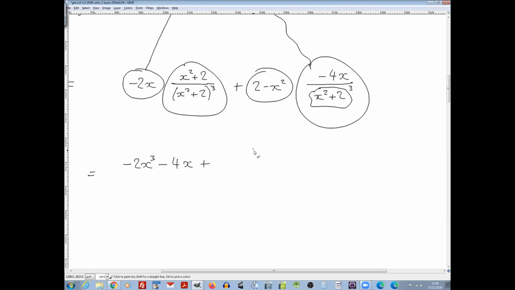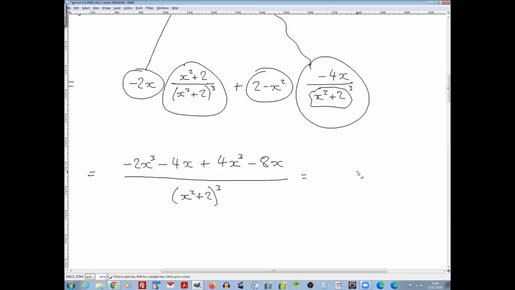What would be the positive term? Minus 8x. Well, it's plus minus. And the positive term that we might as well put first would be 4x cubed, good. Minus 8x, as you said. Super. Over x squared plus 2 cubed.